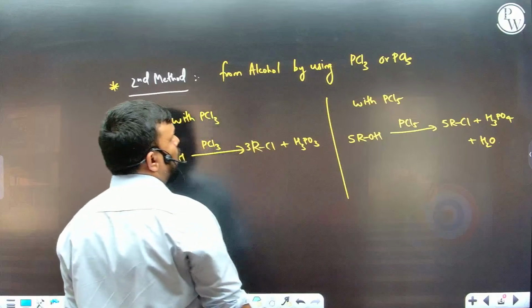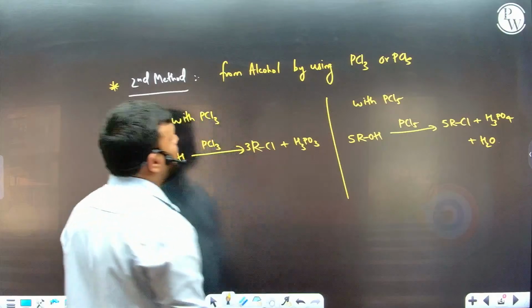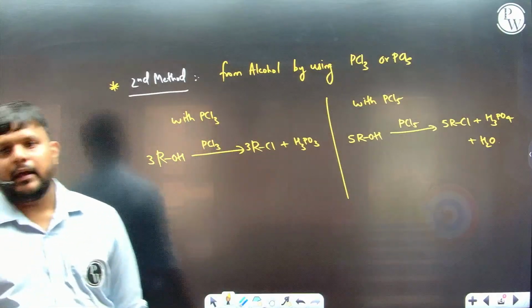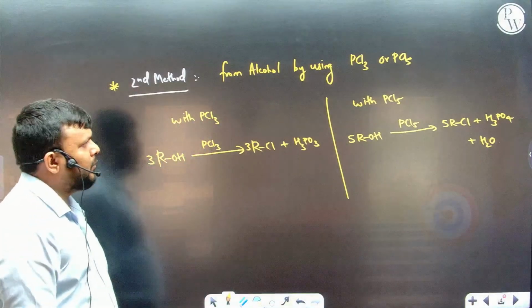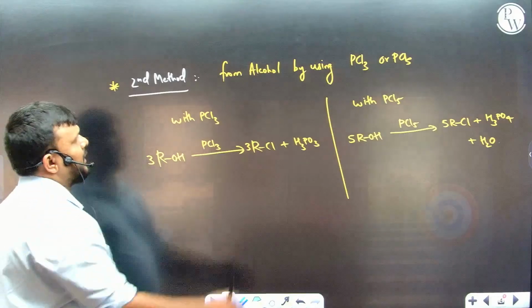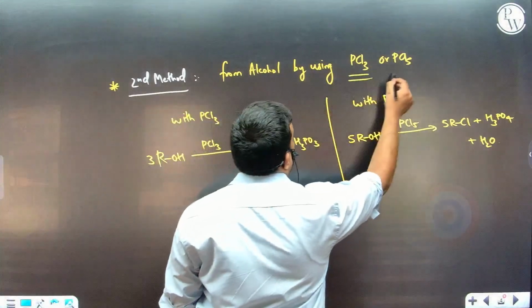Okay, so this is another method of preparation of haloalkane, or you can say chloroalkane, from alcohol, which we react with PCl3 or PCl5.